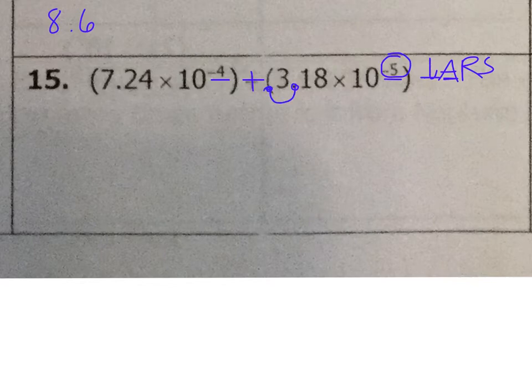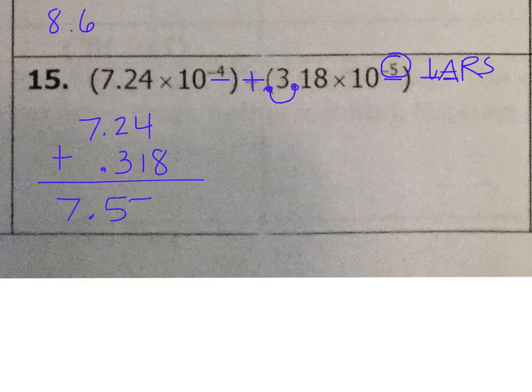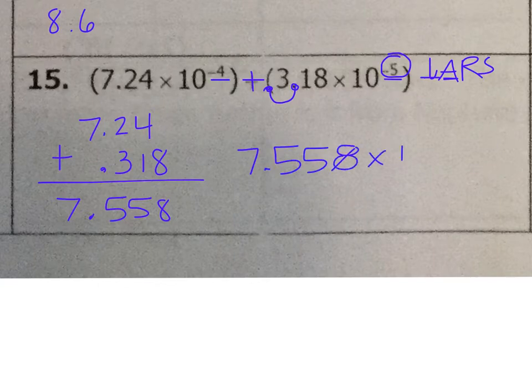So now I have 7.24 plus 0.318, which equals 7.558. 7.558 times 10 to the -4, because that's what we changed it to.